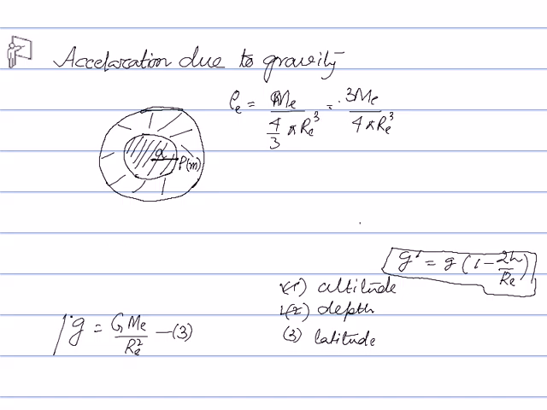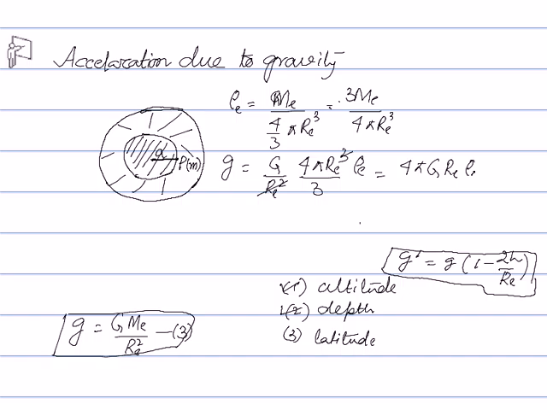From equation number 3, g, the acceleration due to gravity on the surface of Earth, equals G M_e by R_E squared. M_e is 4 pi R_E cubed rho_e by 3. This R_E squared cancels out, so g equals 4 pi G R_E rho_e by 3.